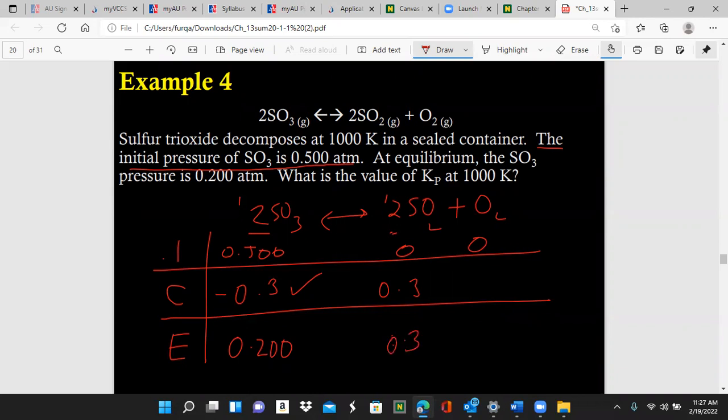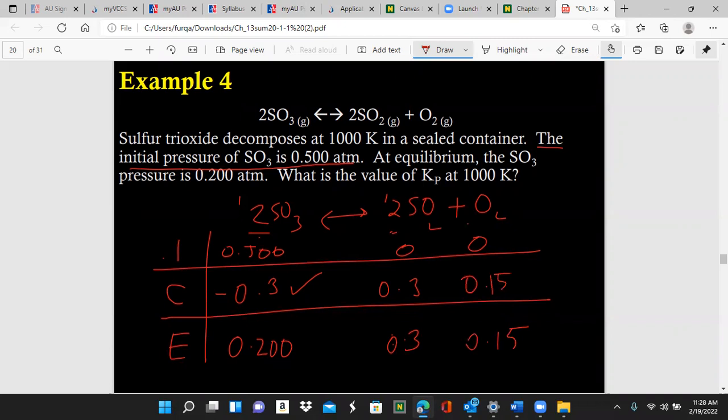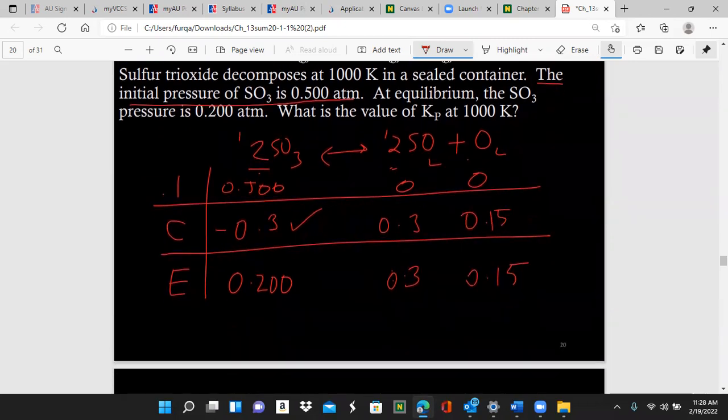And because this is 2:1 here, then it's going to go half, 0.15. And the final is going to be 0.15 also. So that's how you got the equilibrium concentration for all of them. This is the concentration of SO3. And this is the pressure, which is, right, 0.3 going to be the concentration of your SO2, and that is going to be the concentration of O2.